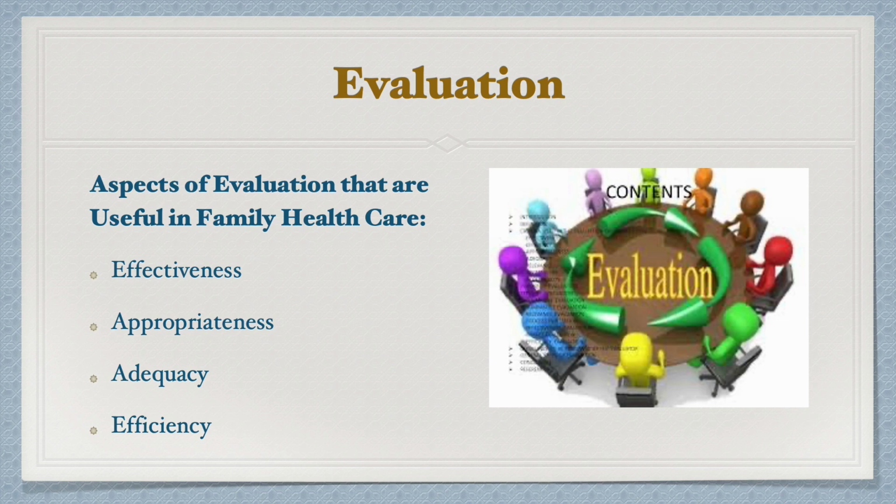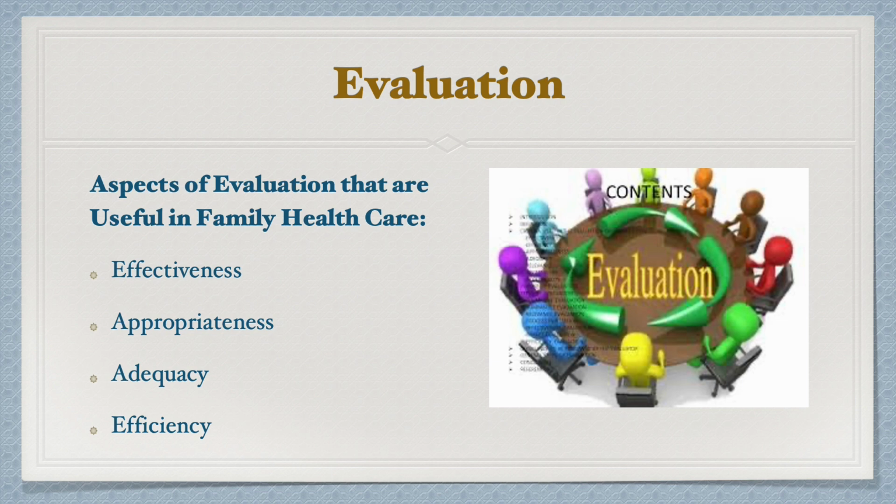We will now continue with the aspects of evaluation that are useful in family health care. So for that, we have effectiveness, which is the determination of whether the goals and objectives were attained. So that will answer the question, did we produce the expected results or did we attain our objectives? Then, appropriateness.